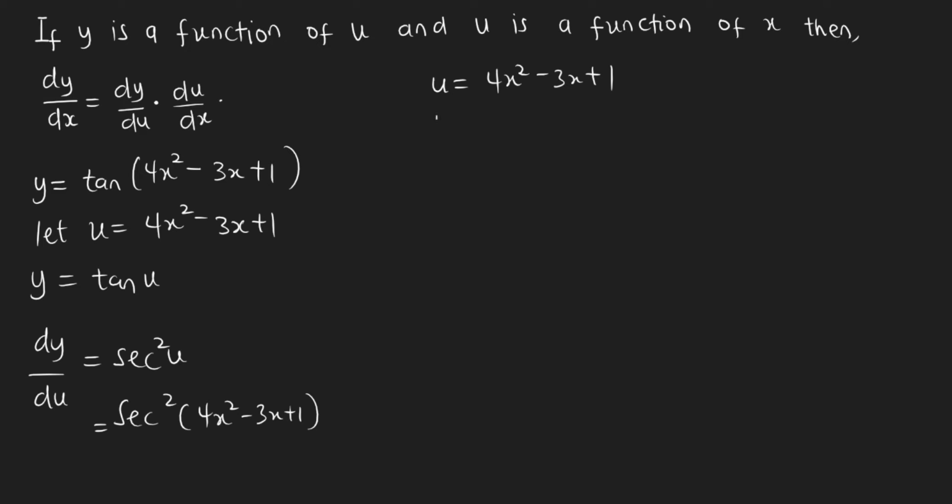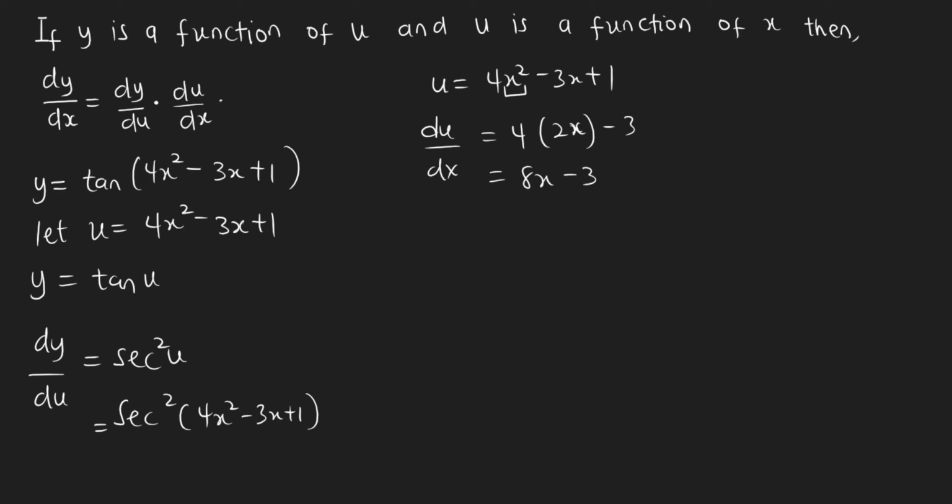So du/dx will be equal to 4 multiplying 2x, because I applied the power rule to what we have here, minus 3. And then the derivative of 1 is 0. So simplifying this, you're going to have 8x minus 3.